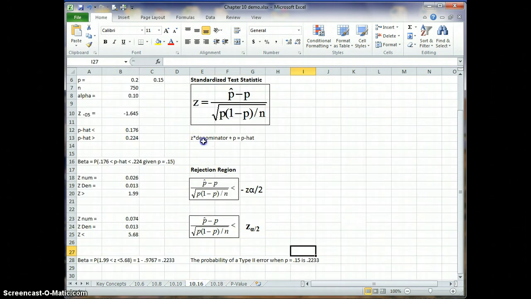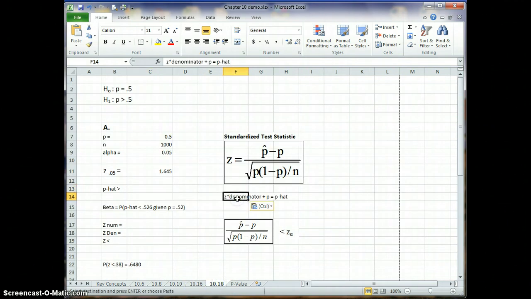Specifically, problem 10.16 is asking us to find the probability of a type 2 error for the following test of a hypothesis. And we're going to eventually use the given of p equals 0.5. Again, this is on page 167 of your textbook.